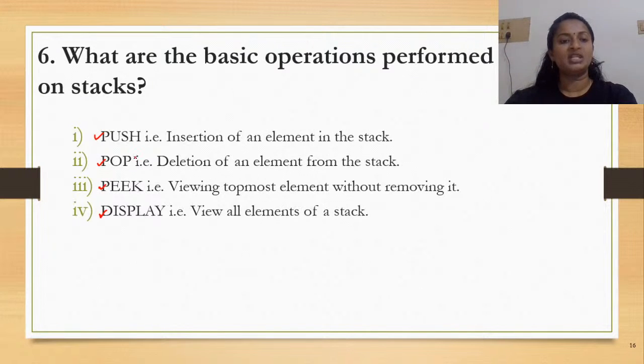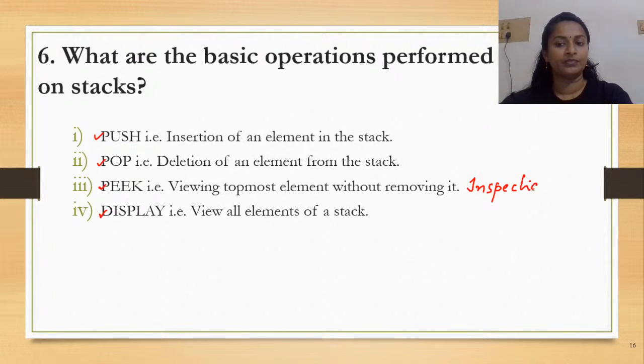Push means inserting an element into the stack. Pop means deleting an element from the stack. Peek is visiting the topmost element without removing it. So peek is just visiting whatever is pointed to by top. The variable top points to an element, and only that element is viewed.